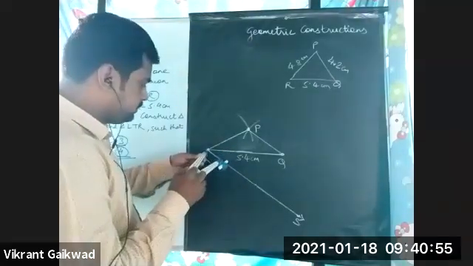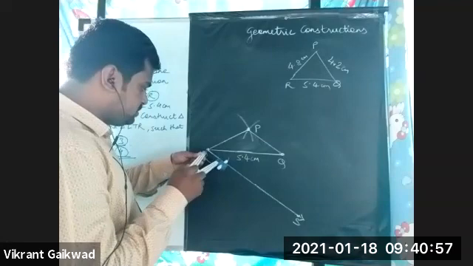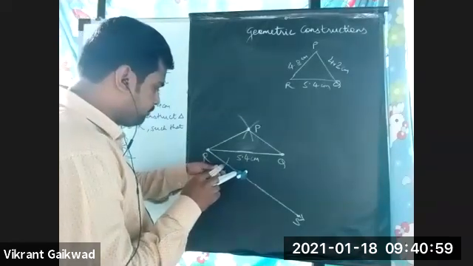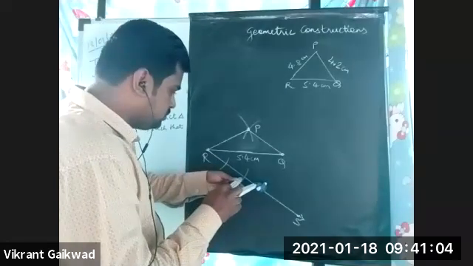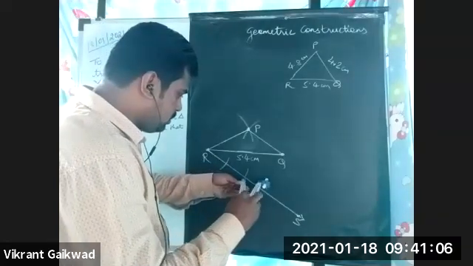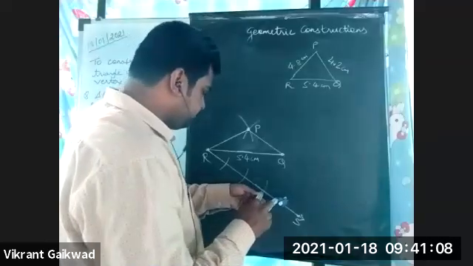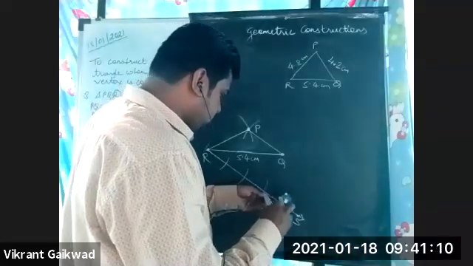Check. A small distance, R1. I'm not going to change it. R2, R3, and R4.